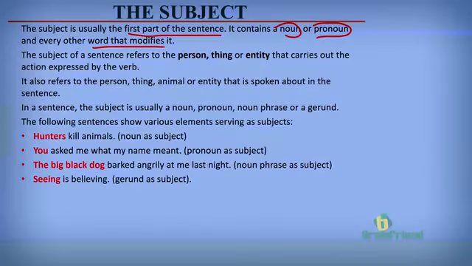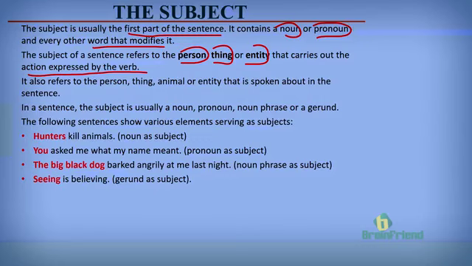Again, the subject of a sentence refers to the person, thing, or entity that carries out the action expressed by the verb.